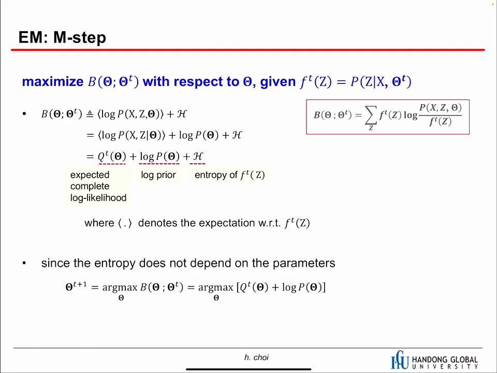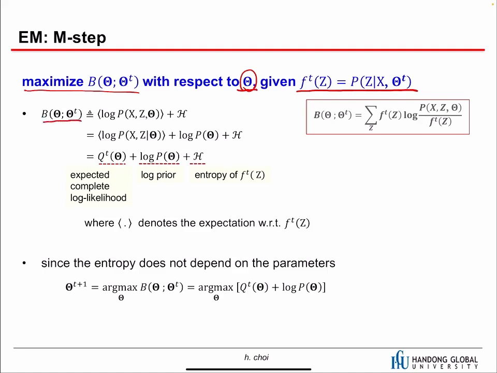So in the M step, we want to maximize this lower bound with respect to theta. This means, in k-means algorithm, the assignment is fixed. Even though this assignment is not a hard decision, when the assignment is known somehow, we want to update these parameters.